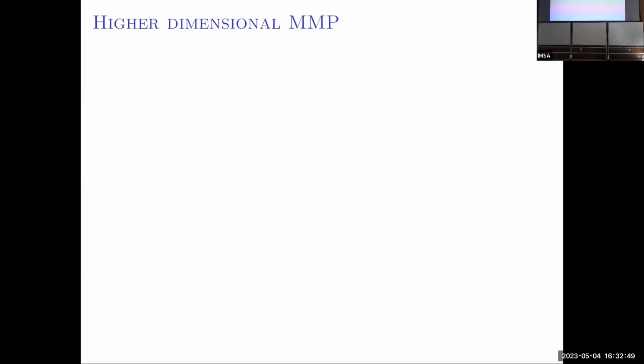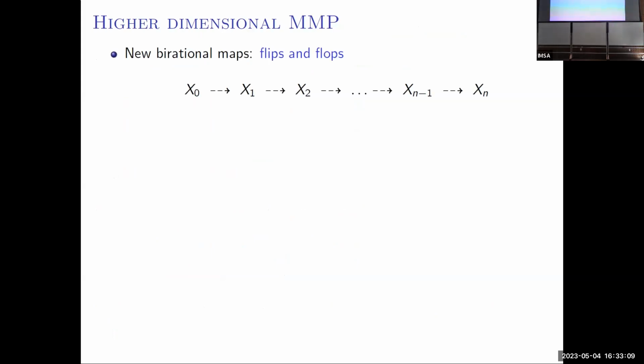Okay, so now let me discuss the higher dimensional minimal model program. So as I said, for surfaces, this was known a long time ago, and the minimal model program consists of sequences of blow-ups. And in higher dimension, the situation is much more complicated, and I would like to discuss 2 difficulties that arise in higher dimension. So first of all, there are some new birational maps that appear in the minimal model program.